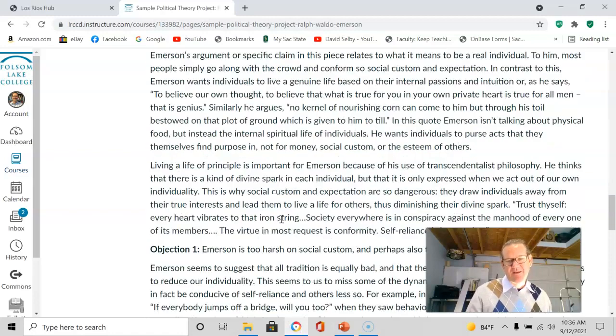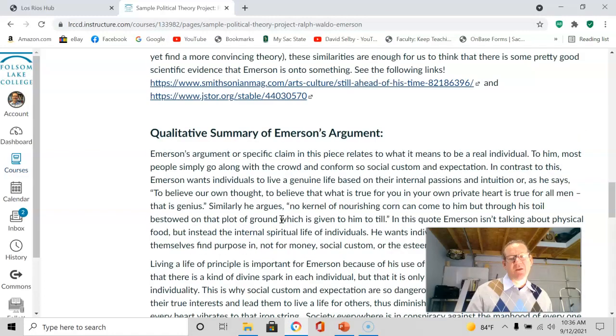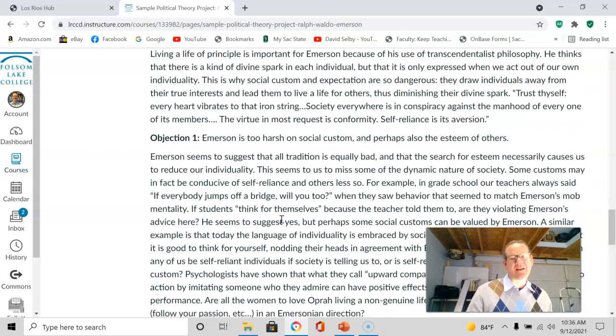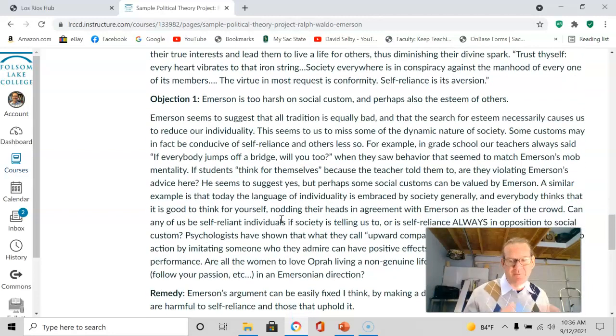So here's my qualitative summary of Emerson's argument. And I kind of put my objections in there. So the format here, you could vary a little bit, but you need those 5 things that I referred to. So one objection is Emerson is too harsh on social custom and perhaps also the esteem of others. I'm probably willing to give him the materialism piece, so there you go.